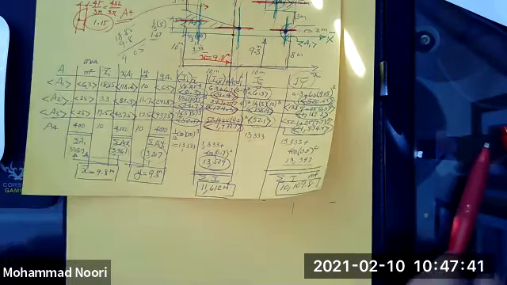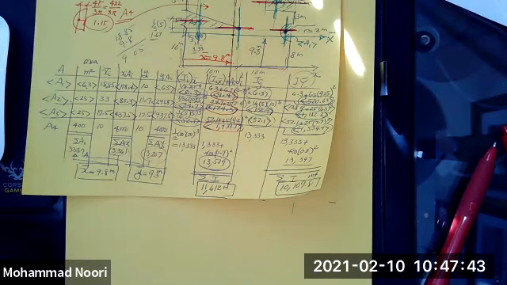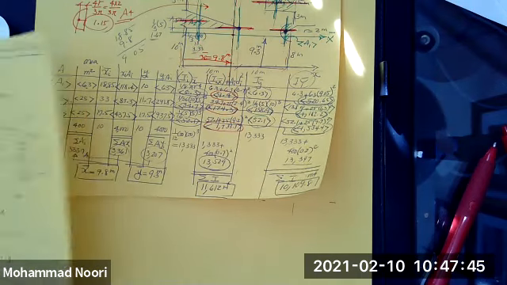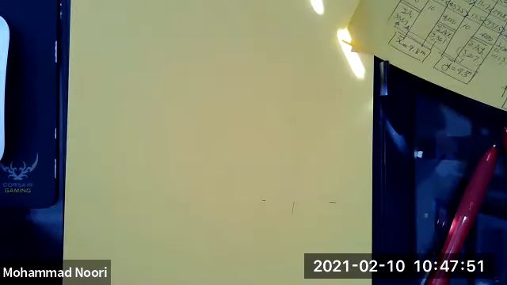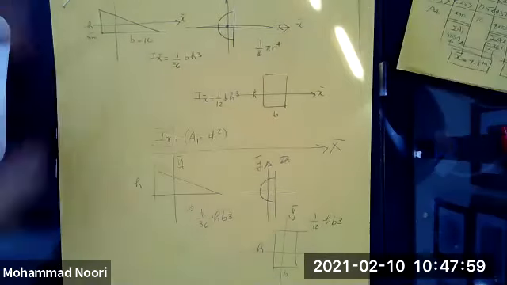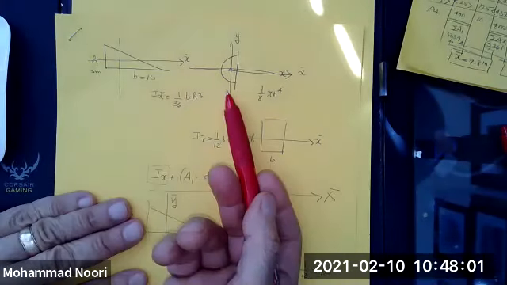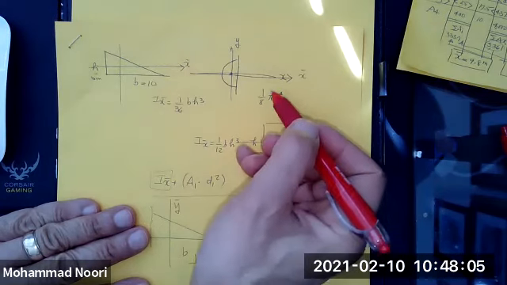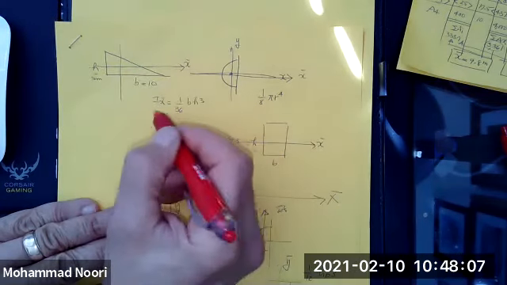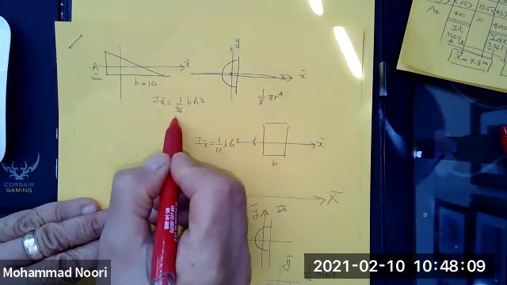No? All right. If not, let me do another problem. But before doing that, there are a few shapes that we used here from the table. Let me show you again. If you go to those tables, you see that the moment of inertia for this shape about X is tabulated.